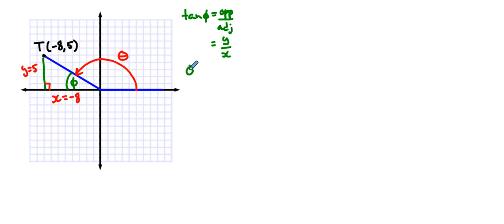Rearranging, we can say that phi will equal the arctan, which can also be written as the tan inverse, tan to the -1, of y over x. So we can say that this is equal to the arctan of 5 over -8.